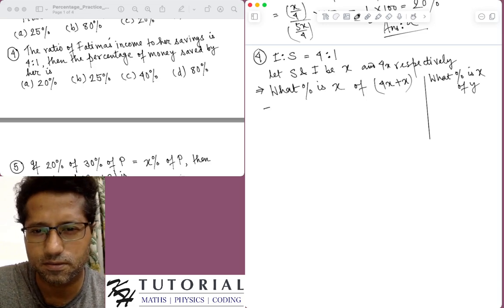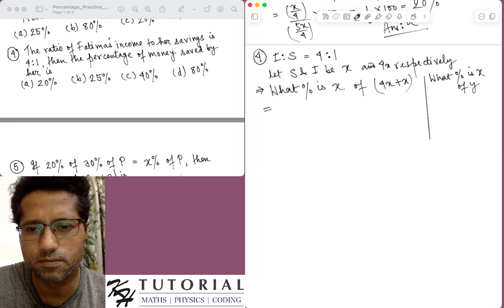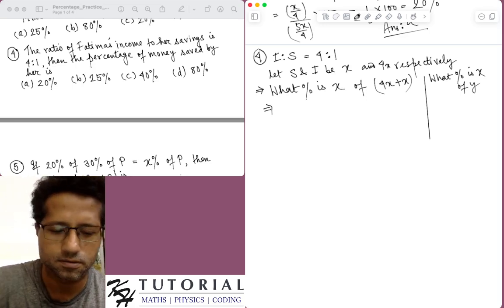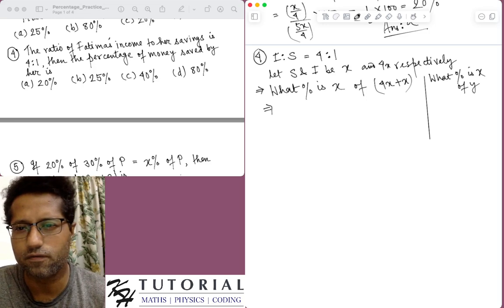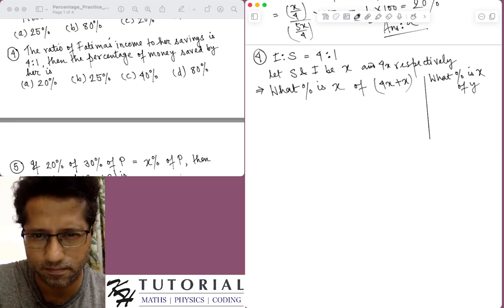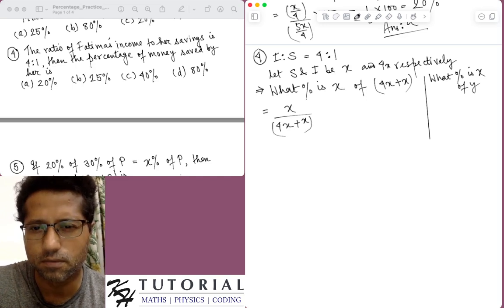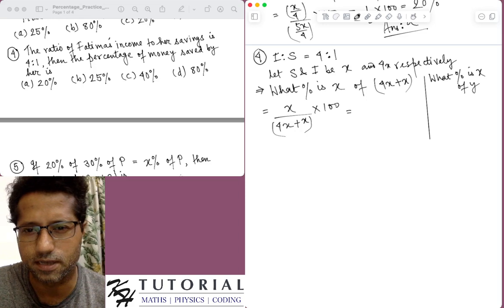So what percentage is x of 4x plus x? We know that this is equal to x divided by 4x plus x, multiplied by 100. x is cancelled.